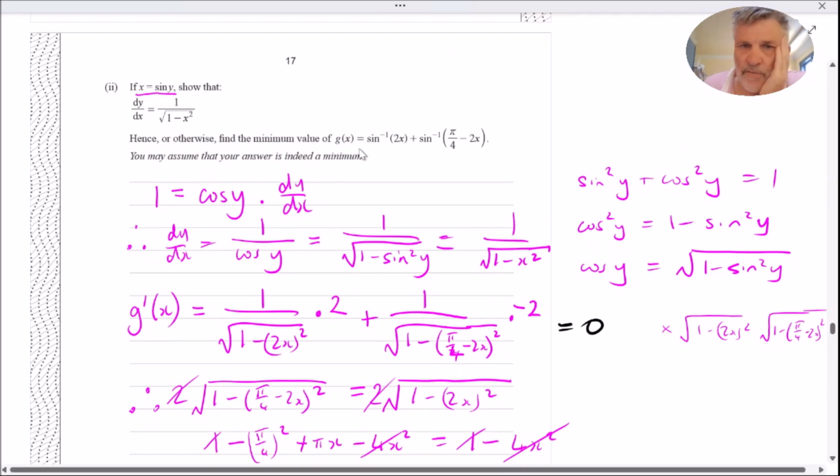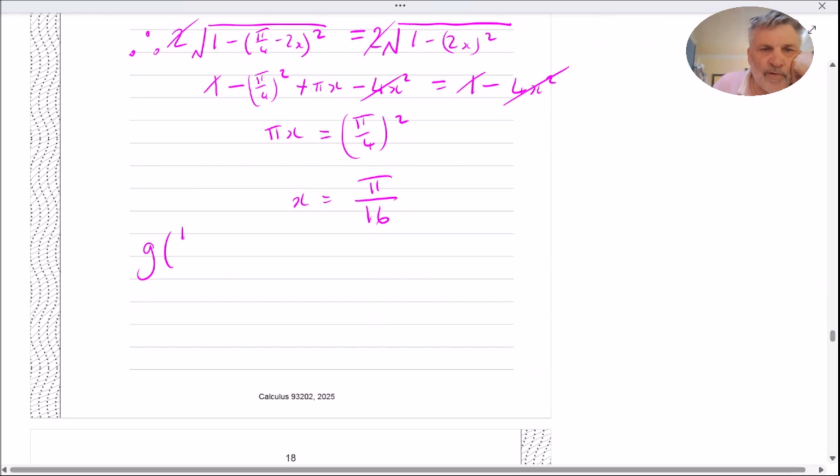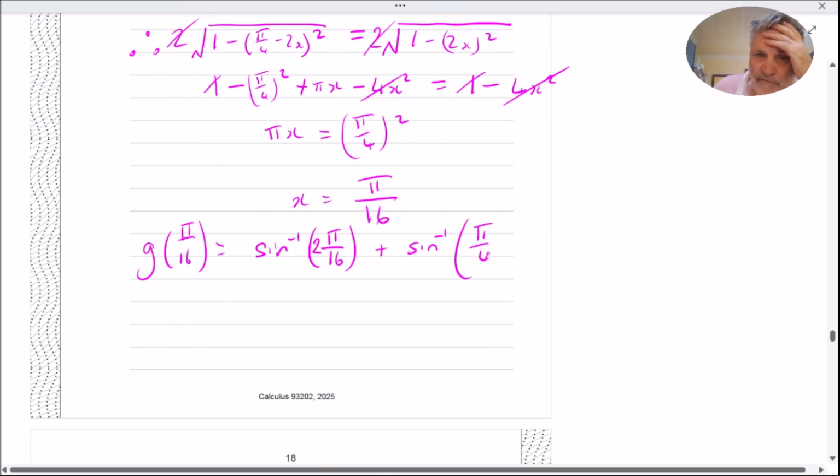The question says find the minimum value, so we have to then substitute that back in. So g of pi over 16 is sine inverse pi over 8, 2 pi over 16. Well, let's write it. It is 2 times pi over 16, and then plus sine inverse pi over 4 minus 2 pi over 16.